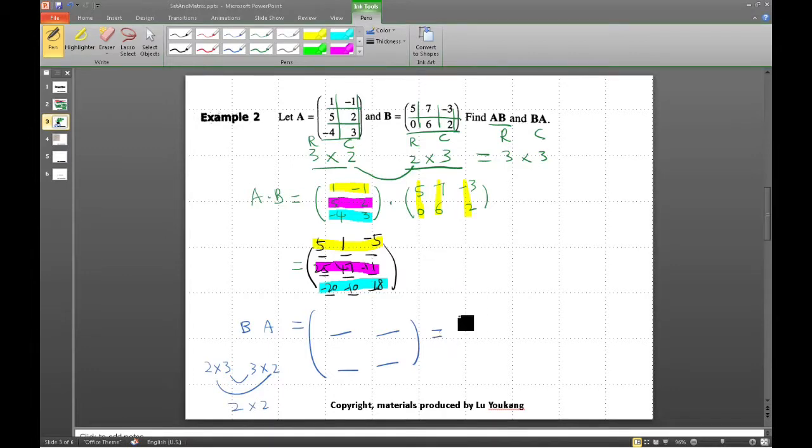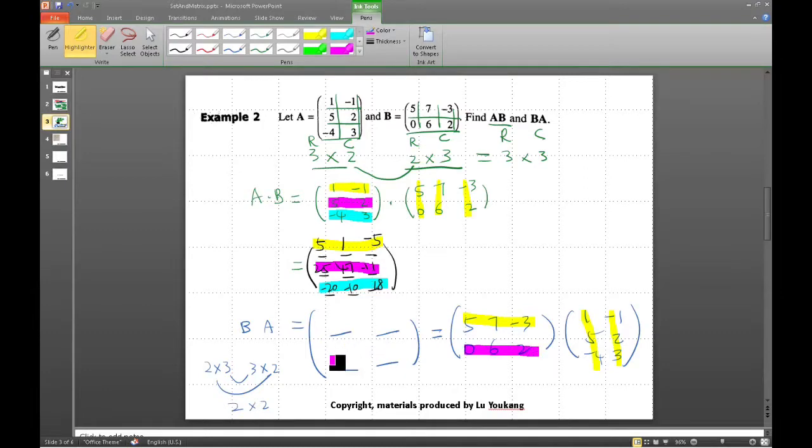Same thing, what you will have is to draw out matrix B and draw out matrix A. The first row of matrix B should be multiplied by the first column of A. That will give us the first term.